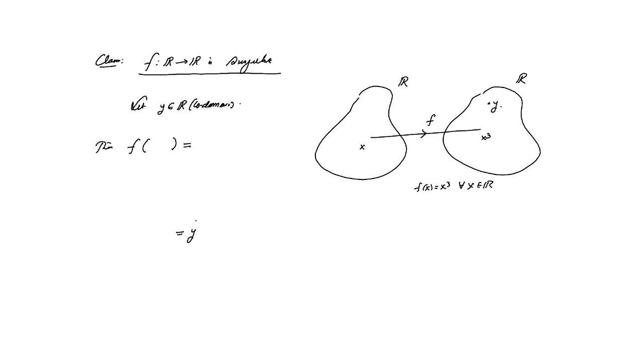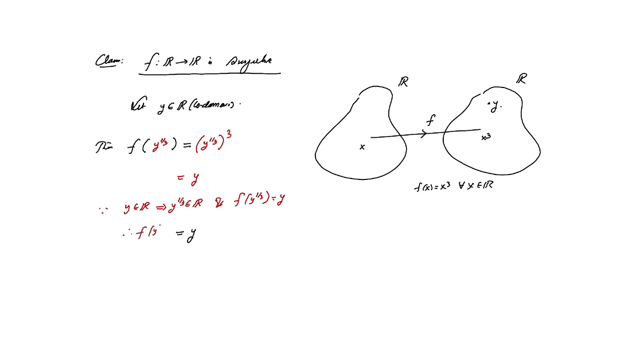So what will we take? We will take f of y to the power 1/3. That will be y to the power 1/3, whole cube, so that means it will be y. And since y belongs to real numbers, that implies y to the power 1/3 must be a real number, and f of y to the power 1/3 equals y, and this exactly holds.